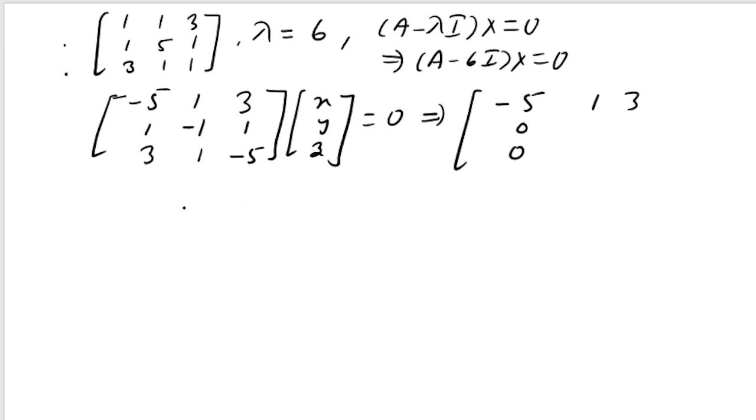To do that I have to perform R2 goes to R2 plus 1 by 5 times R1, and R3 goes to R3 plus 3 by 5 times R1.